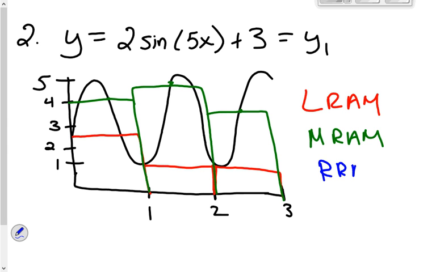And then let's look at RRAM, which means we take the height of our rectangle to be the value of the curve at the right side. So here's going to be my RRAM. Here's going to be my RRAM. And here's going to be my RRAM.